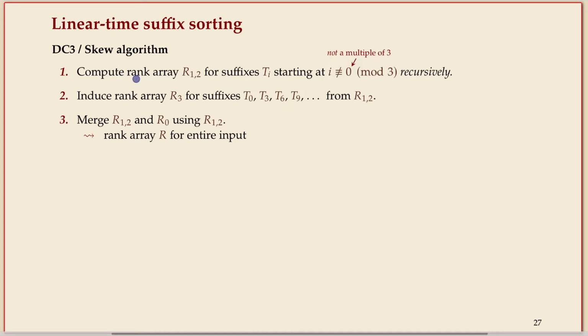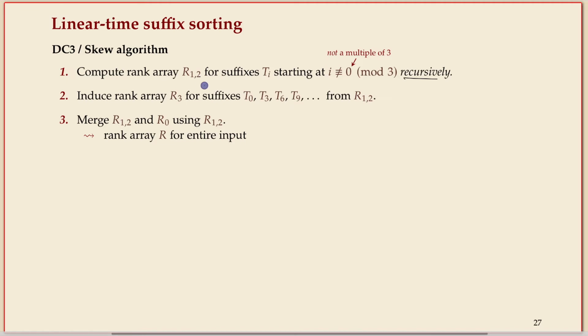So the first is we recurse on computing some of the rank arrays. Remember I told you we're eventually interested in the leaf array, the suffix array, but it's more convenient to compute the rank array, the inverse permutation. We can always compute one from the other in linear time with a simple loop.